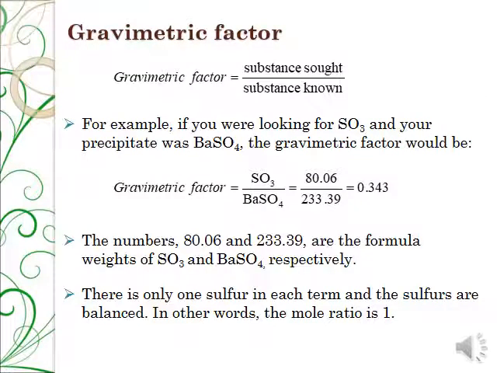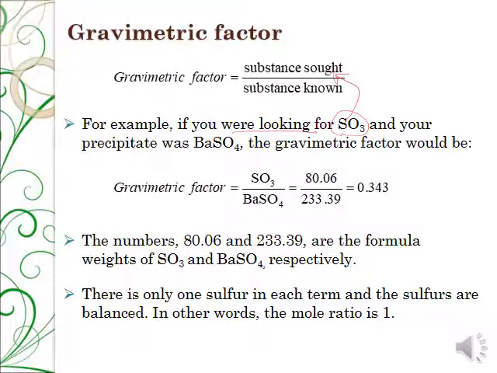Now, what is the substance sought and what is the substance weighed? We look at this example here. You were looking for sulfur trioxide, so this would be the substance sought.